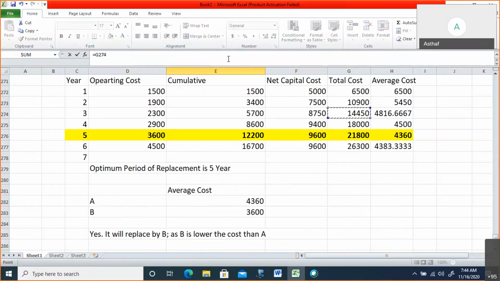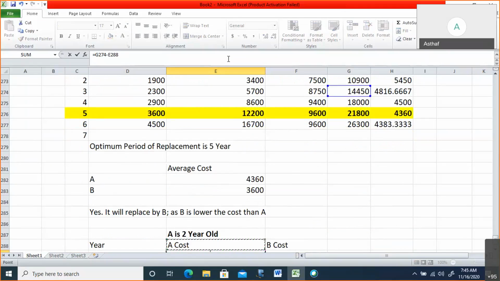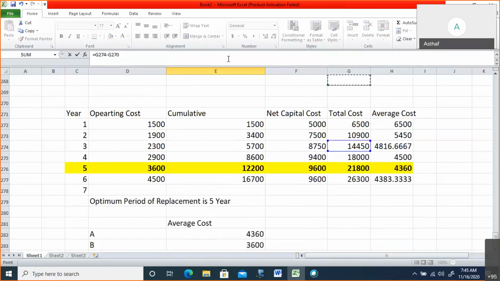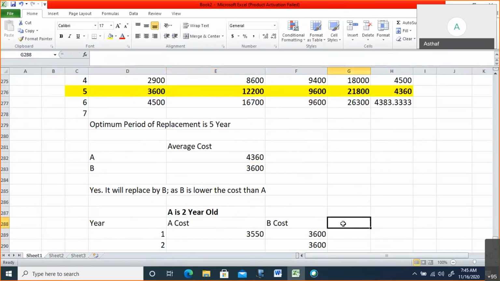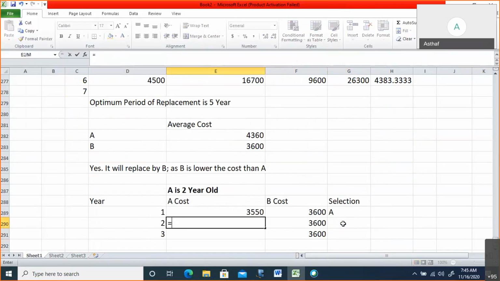So what is the third year rate? It is 14. A is already 2 years old right now, so the cost will be different between the 3rd and 4th year. Now which one do you select? Here all the cost is A only, so you go with A this year.